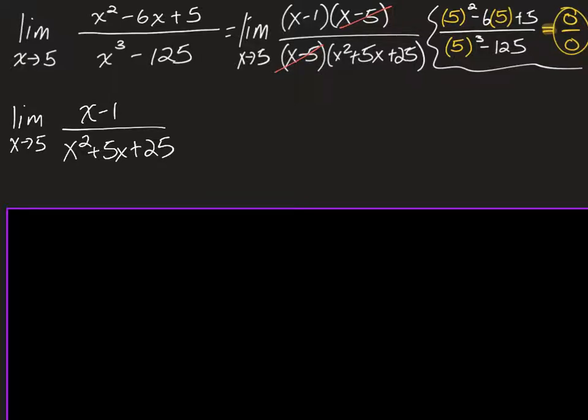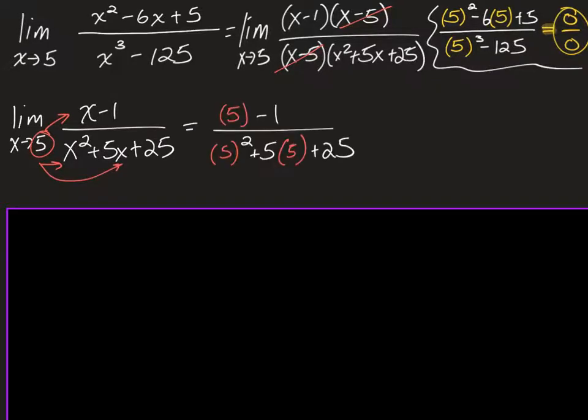We factored and then canceled. And so now what that means is we can substitute in the value. So we'll take the 5 and substitute it in here, here, and here, leaving us with this expression here. And from here, it's pretty simple.